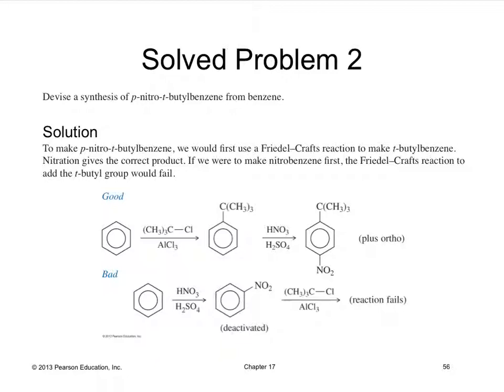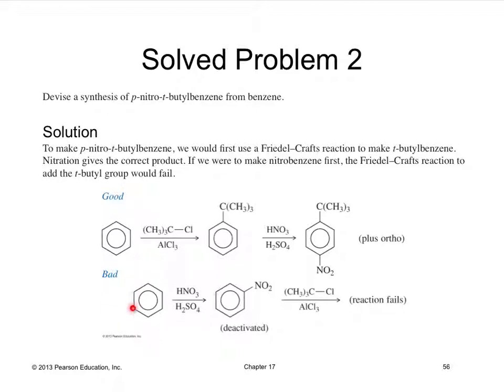Let's do another problem. Devise a synthesis for paranitro tert-butylbenzene from benzene, and so you can start. There are two possible reactions. One is to do Friedel-Crafts alkylation, adding the tertiary butyl group. This is donating, and then it'll favor ortho and para, and so in the presence of the nitration reagents, it'll nitrate on the para position plus the ortho group, so you should show both.